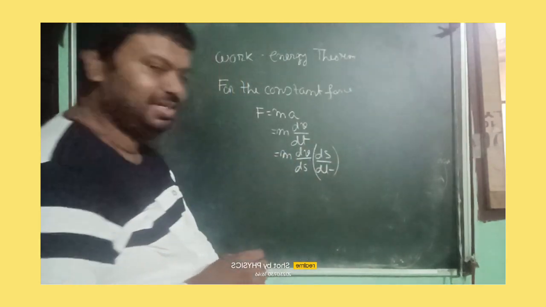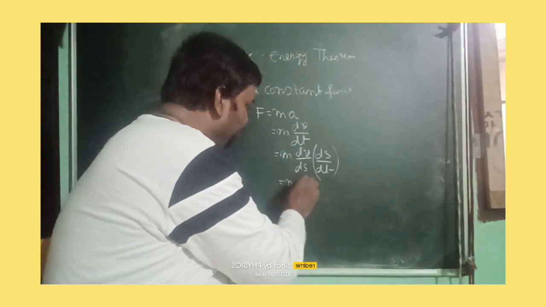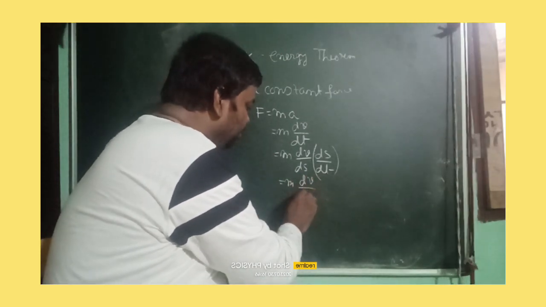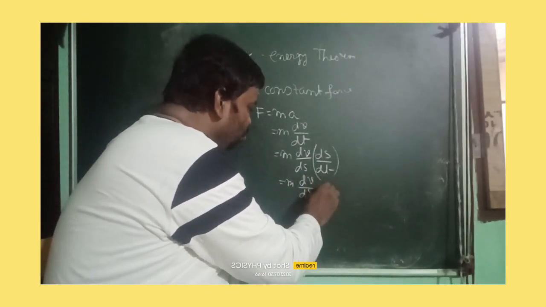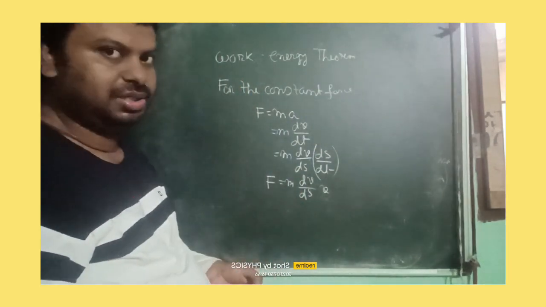What is ds by dt? ds by dt is the velocity. So we can write F is equal to m dV by ds into v. That's the format.